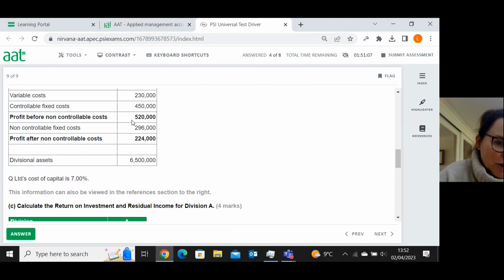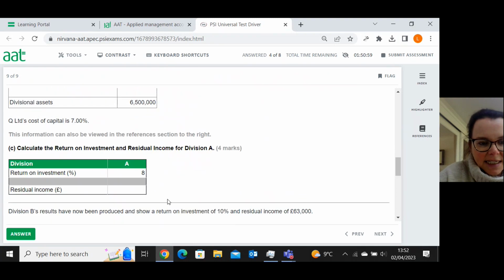So 520 subtract 6.5 million multiplied by 7% gives us 65,000 of residual income. The idea is that after financing it, which is the 7% times the investment, you're still left with 65,000.